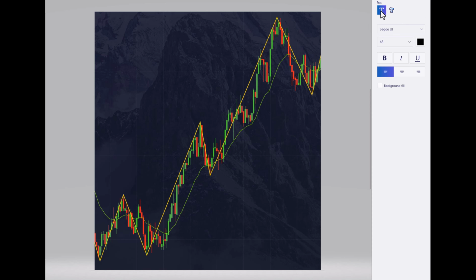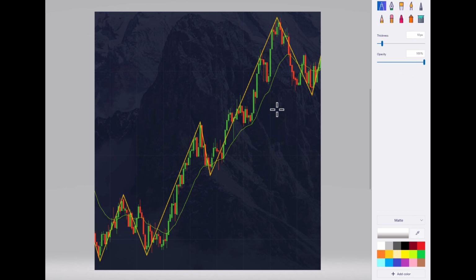Let me get back to text. Oh, it wants to type text. Oh, I see what I did wrong. Up here to get back to brushes. All right, this is leg one.